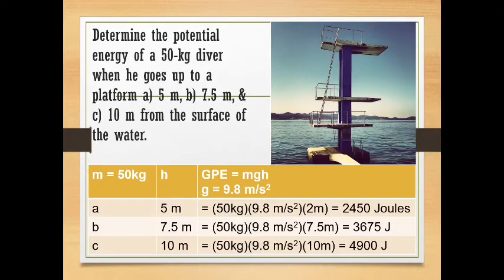Then we get 3,675 joules. For the third height, which is equal to 10 meters, we have 50 kilograms times 9.8 meters per second squared times 10 meters. Then we get 4,900 joules. According to the table, the potential energy of the diver increases as the height of the diving platform he stands on increases.